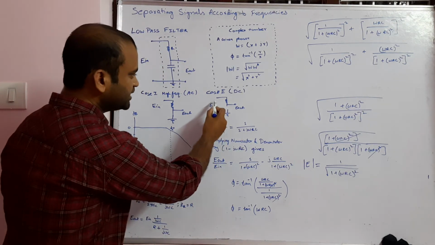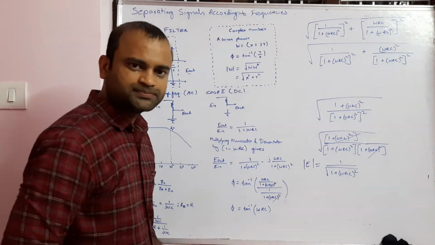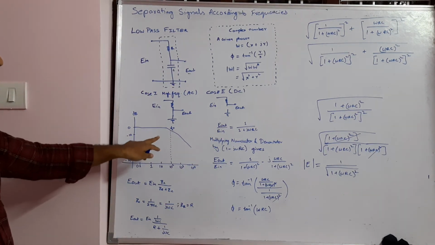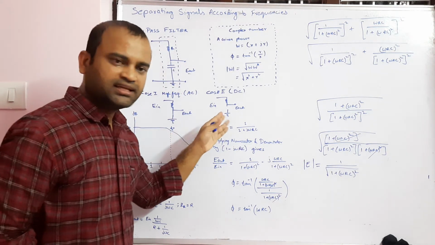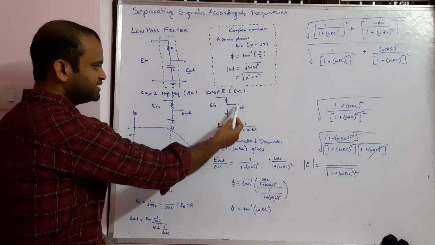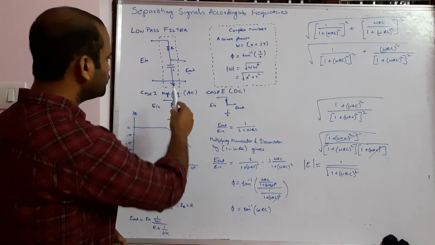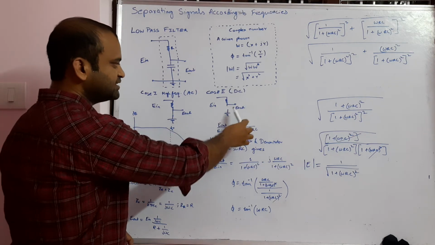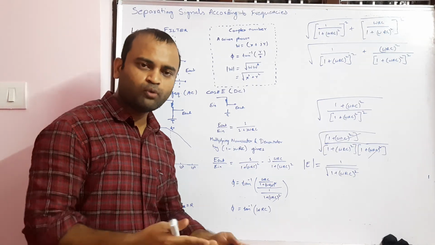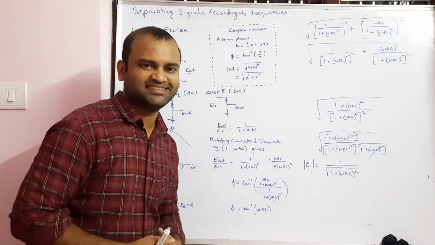That means whatever the input voltage or the DC signal is, it appears at the output. So now it is clear that for an AC signal the capacitor acts as a short circuit, and for DC the capacitor acts as an open circuit, because of which it allows the low frequency signal or DC signal at the output. That's why this circuit is known as low pass, because it is passing the low frequency signals.